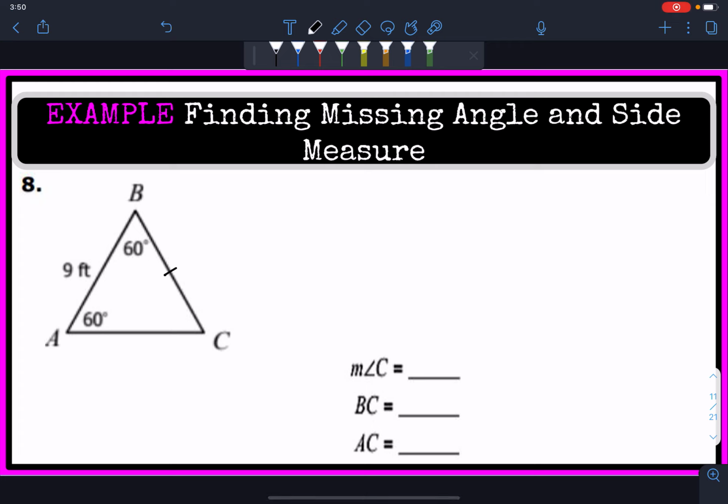I know the three sides are all going to measure 9, and all three angles are going to measure 60. It's not always going to be 9 for the side lengths; the side lengths could be bigger. Since this one is 9, the other two are going to be 9. But all three angles are always going to be set equal to 60 degrees.